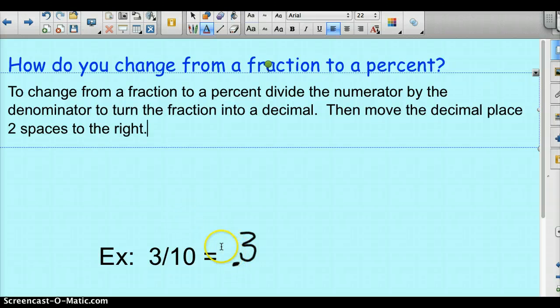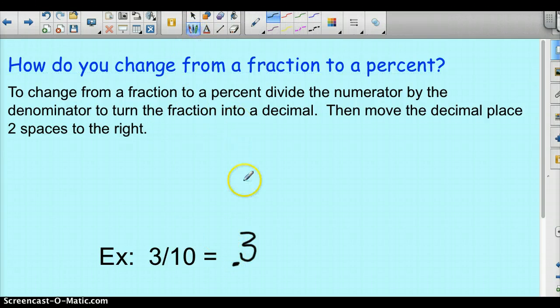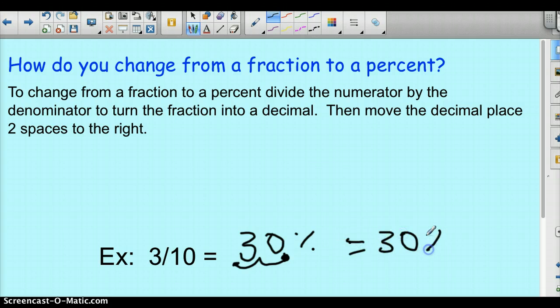If we take this decimal point and move it 2 spaces to the right, now the decimal is right there, and anytime there's an open space, we fill it in with a 0. That produces our percent. Turns out 3 divided by 10 is 0.3, which is 30%. That's our final answer here, guys. 30%. So it's a real easy move.